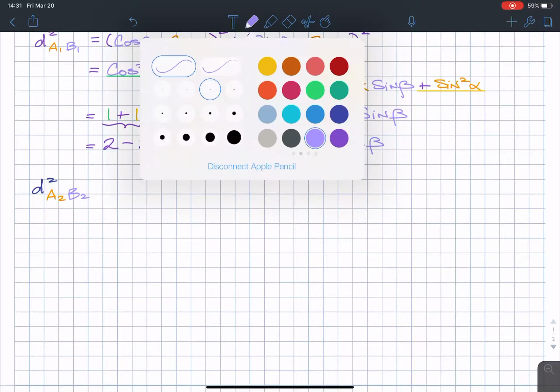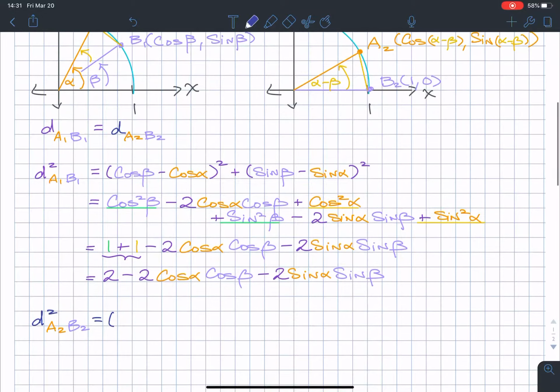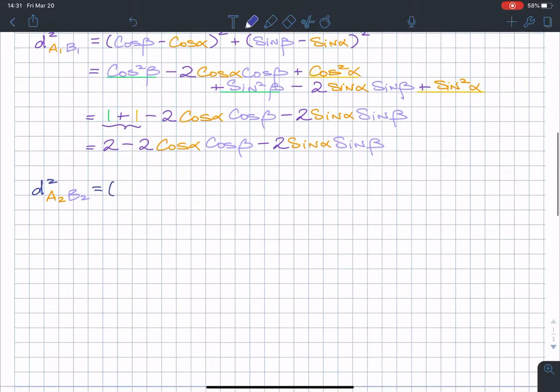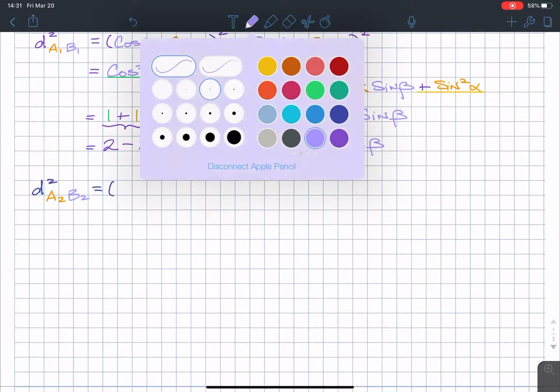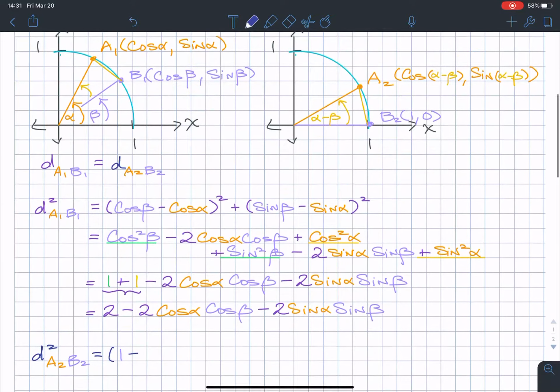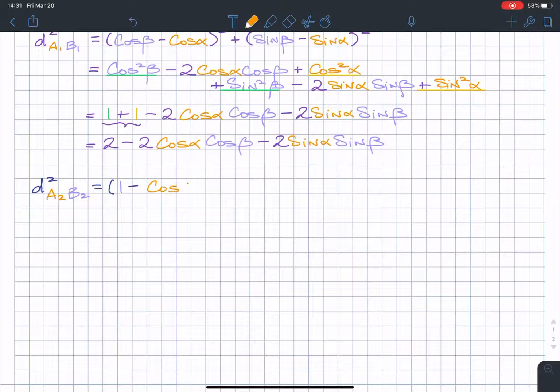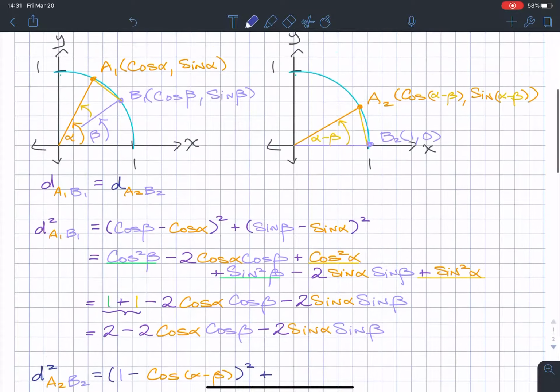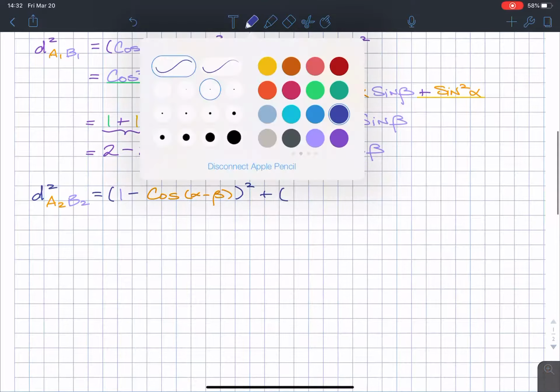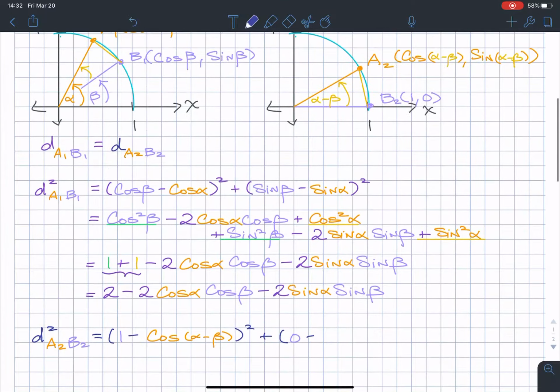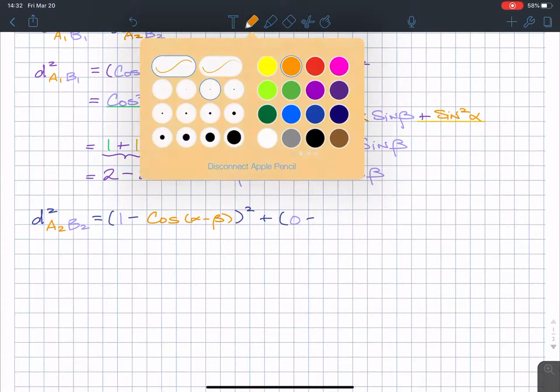So that's the square of the difference between the two x coordinates. So that is 1 minus, because over here the b x coordinate is 1, and this will be cosine of the quantity alpha minus beta, and we're going to square that, plus quantity 0 minus sine of alpha minus beta, all quantity squared.